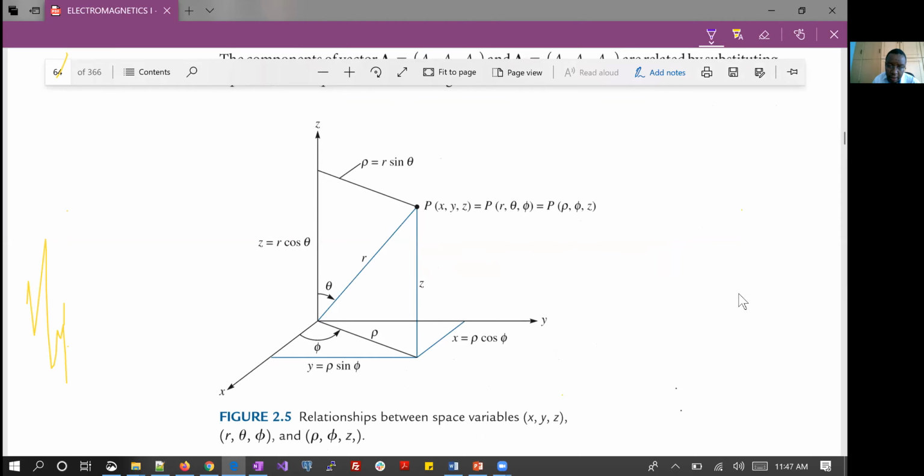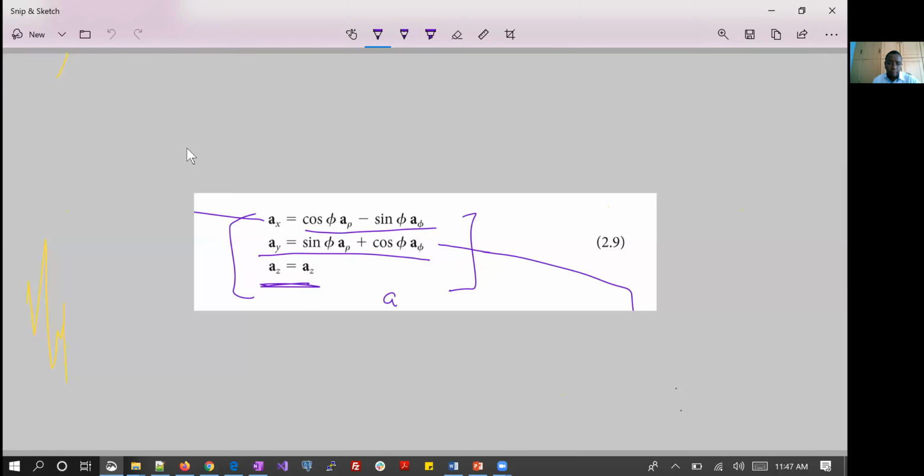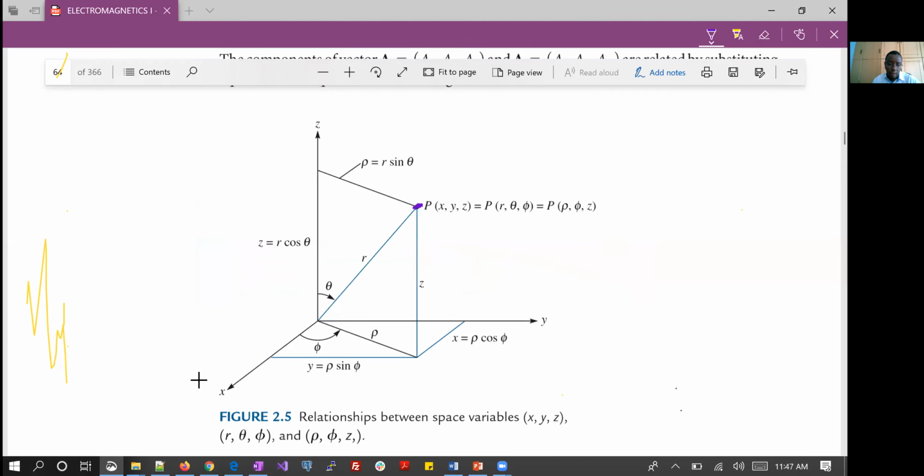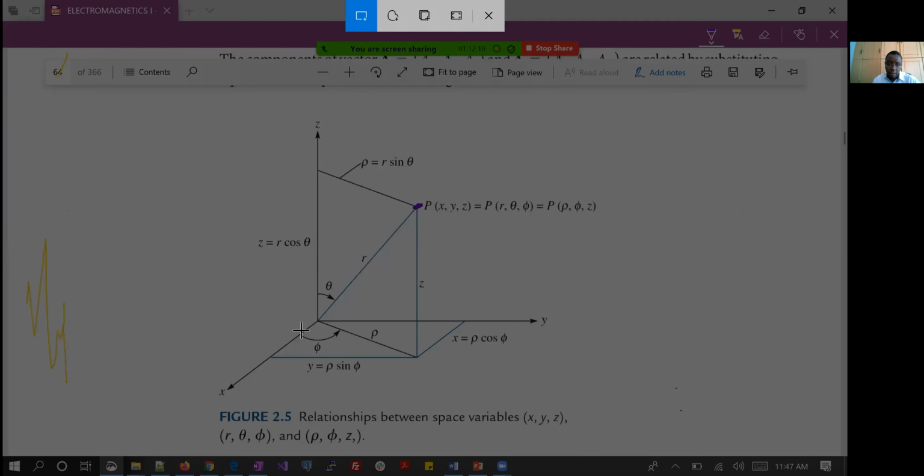You see, this point can be described by x, and I think I can just copy this one somewhere so that we get it somewhere we can manipulate it.